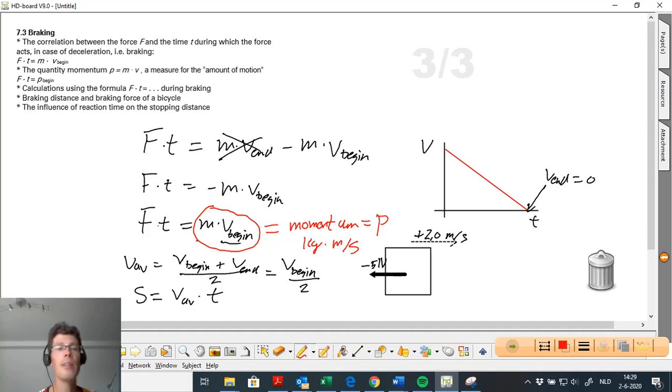And basically these are the properties of the object itself, its mass and its speed, and the quantities to the left are the factors that are working on the object, the force and how long the force is working. And this basically shows that when you have an object with a high momentum, it takes a large force to stop it, or a small force for a long time. If you have small momentum, this can be done with a smaller force, or you don't need to push as long.